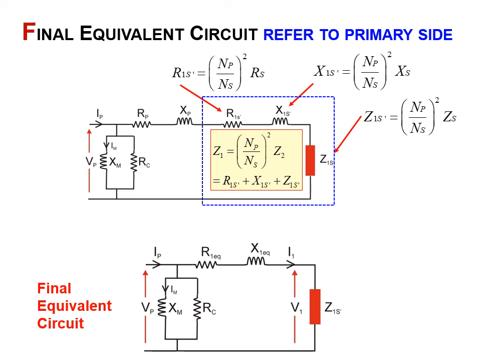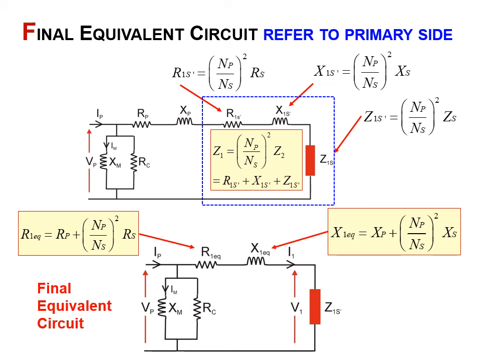Of course we can lump the resistive elements together, and we can lump the inductive elements together. So this is our final equivalent circuit.